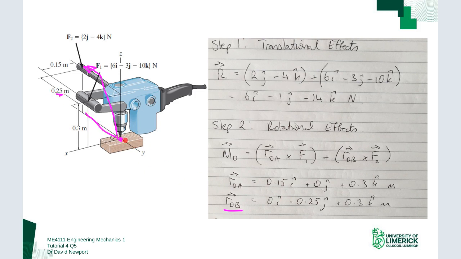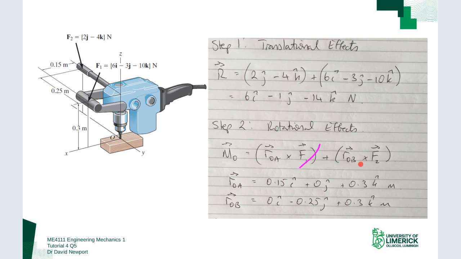That distance we can see is 0.25. So again, it's minus because the plus y-axis is out this way. So we have 0 i hat minus 0.25 j hat. And the last thing then is I need to come up to the point there, and that is 0.3 meters, so again, that is the plus Z direction. So I have plus 0.3 k hat for that.